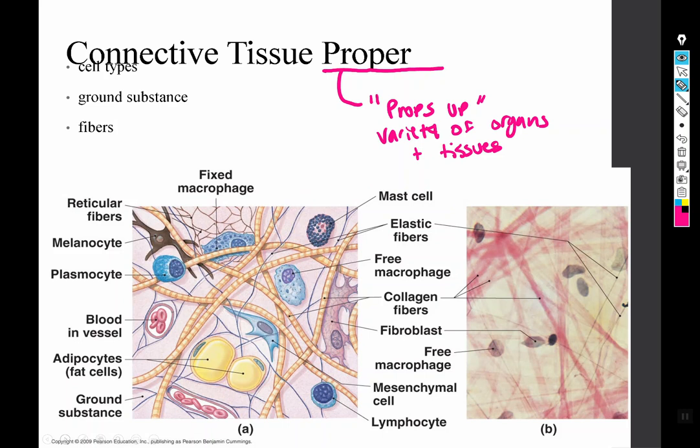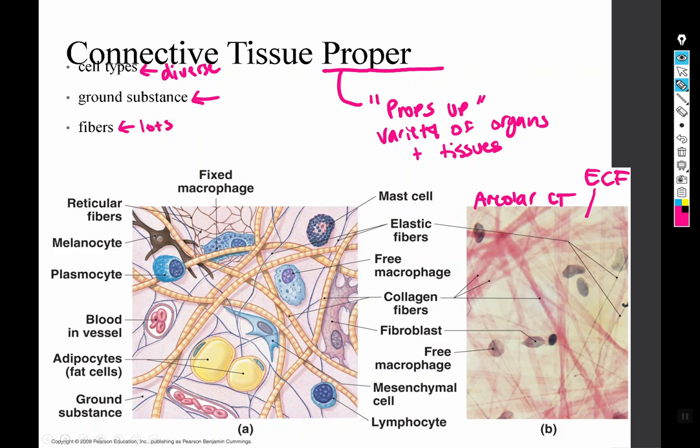And so we have many, many cell types. So I'm going to say diverse. We have a ground substance, which is something. In the case of areolar, the ground substance is, as you can see, clear, and therefore it's extracellular fluid. And then we have lots of different kinds of fibers.